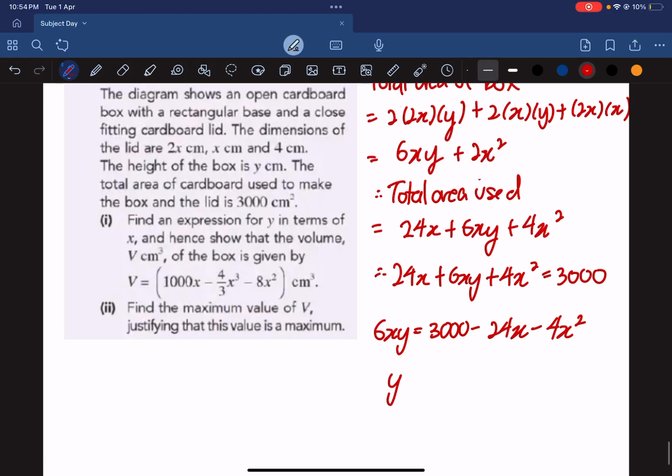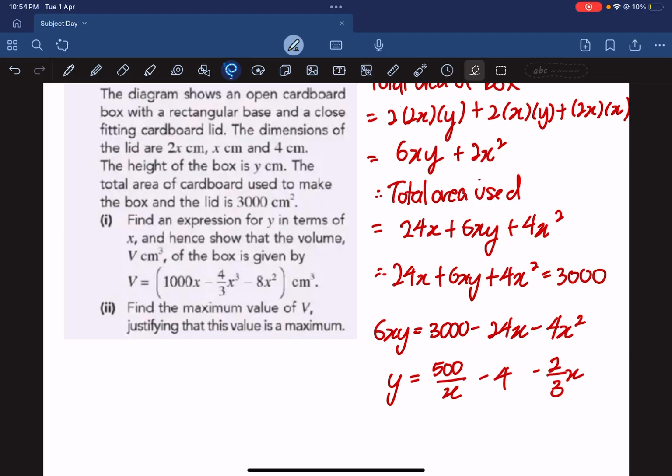Therefore, y is simply equal to 500 over x minus 2 over 3 x minus 4. Let me rearrange the terms so it's clear for you. If I divide everything by 6x, I will get this expression.